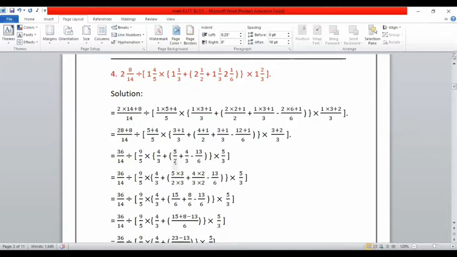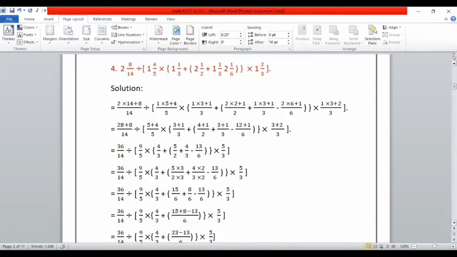I will make the remaining two numbers, except the 6: I will make the 2 into 6 by multiplying by 3 up and down, and 3 I will make 6 by multiplying 2 up and down. Here I will get 5 times 3, 15, 4 times 2, 8, and here 13 will be over the LCM. LCM is the same. I will keep the 6 and then 15 plus 8 minus 13.